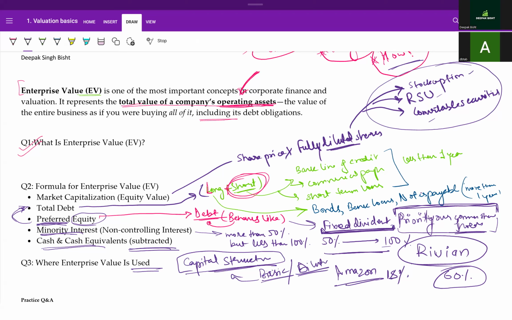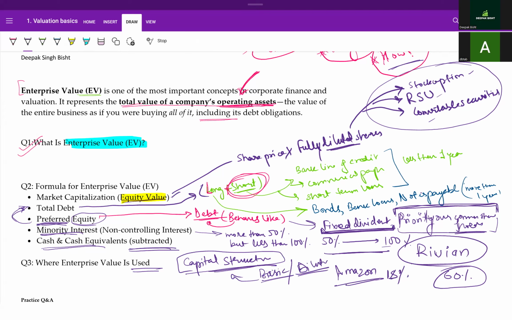The key intuition here is that enterprise value reflects the value of the business independent of capital structure, and equity value is what shareholders own. So equity value is what shareholders own, and enterprise value is what the business is worth to all capital providers.